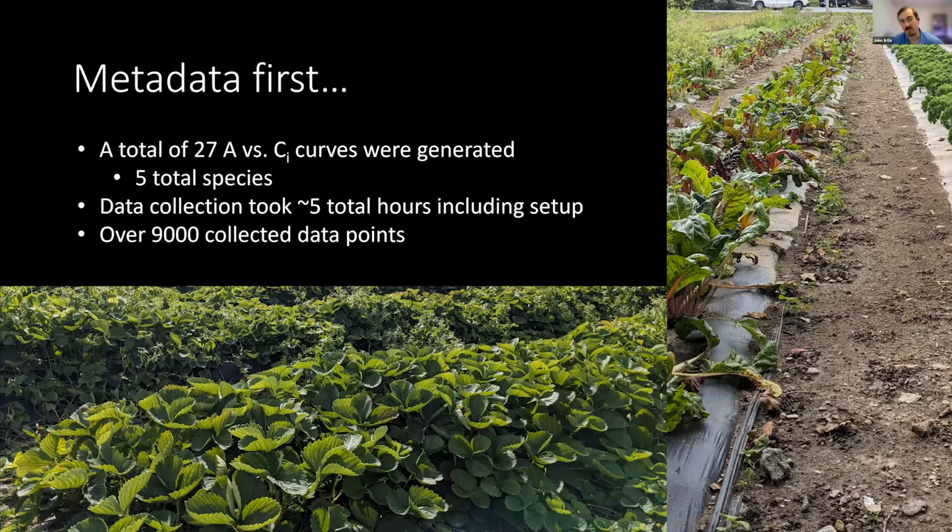But I collected over 9,000 total data points relevant to this work in that 5-hour period. I could have probably gone faster if I had chosen to, but at a leisurely pace, about 5 hours to collect a huge data set was great. And I hope to continue doing that and sharing this with you all.